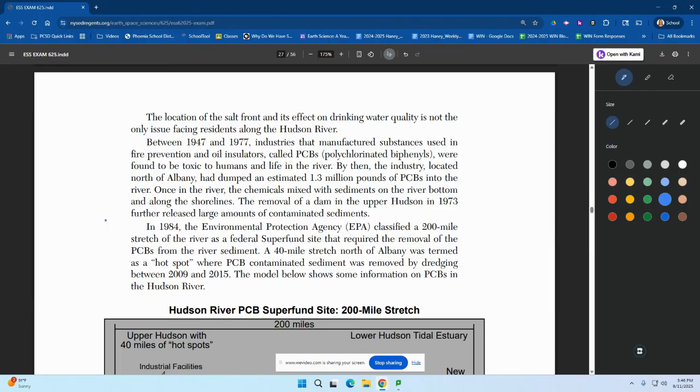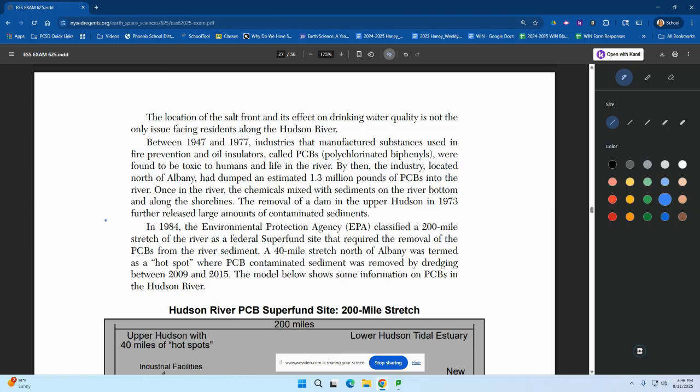All right, we have another reading introduced for 24 and 25. So it says the location of the salt front and its effect on drinking water quality is not the only issue facing residents along the Hudson River. Between 1947 and 1977, industries that manufactured substances used in fire prevention and oil insulators called PCBs were found to be toxic to humans and life in the river.